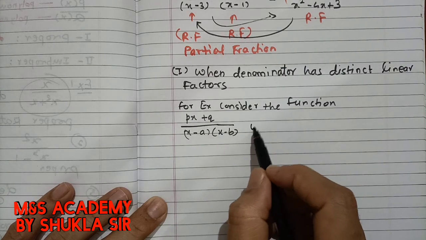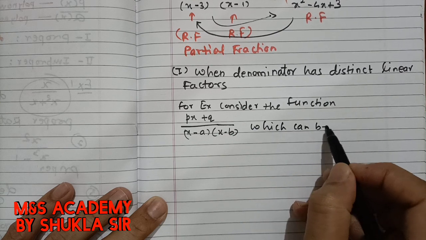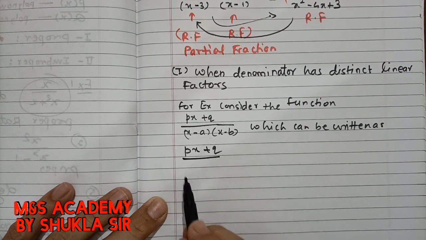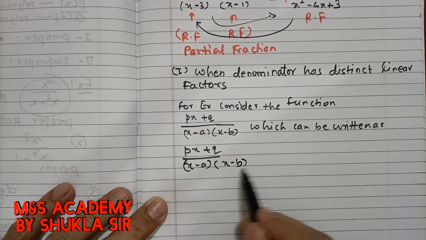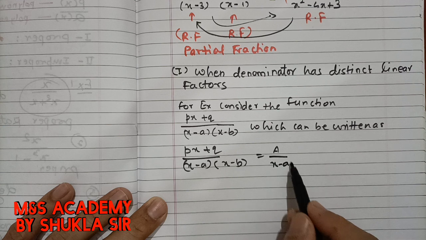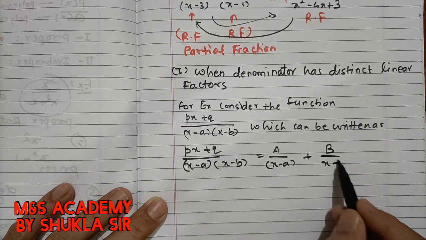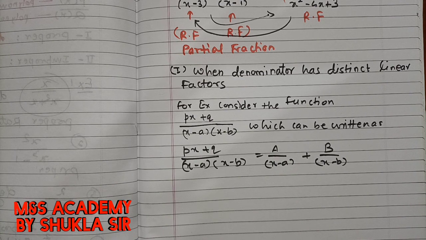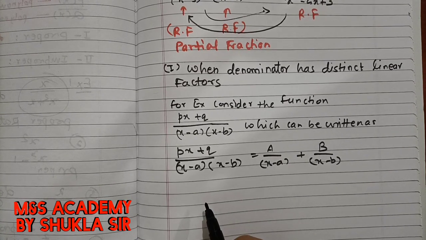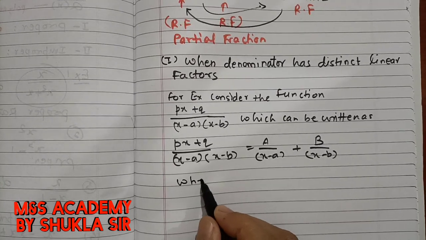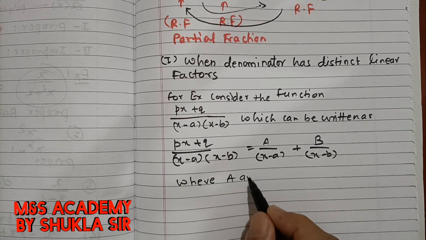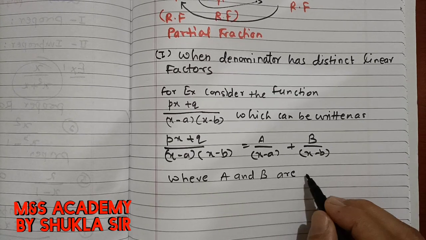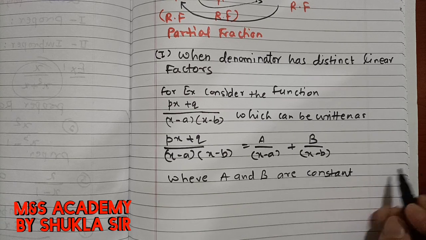Which can be written as px plus q divided by x minus a, x minus b is equal to A by first factor plus B by second factor, where A and B are constants to be determined.